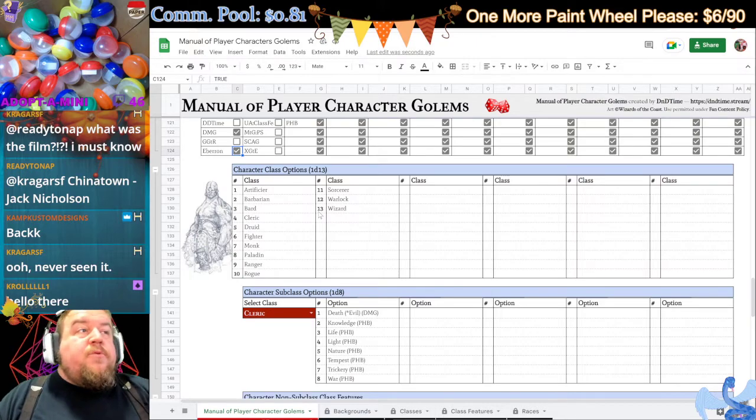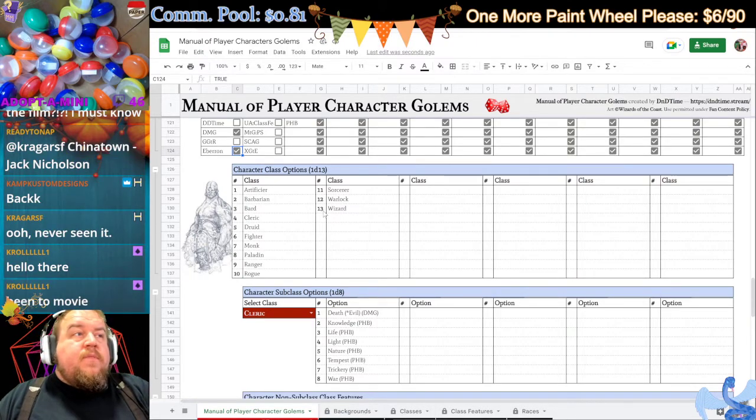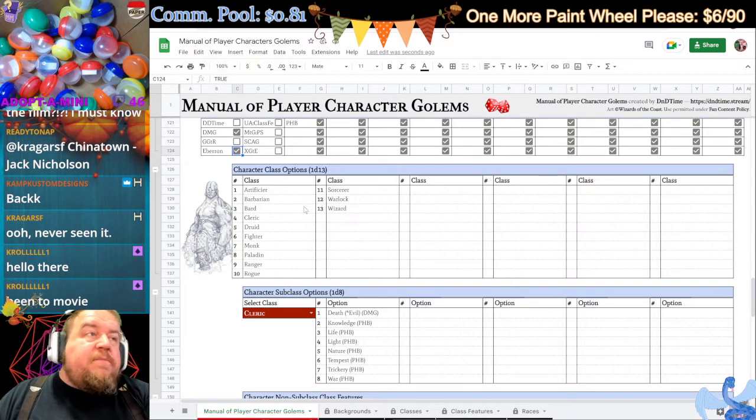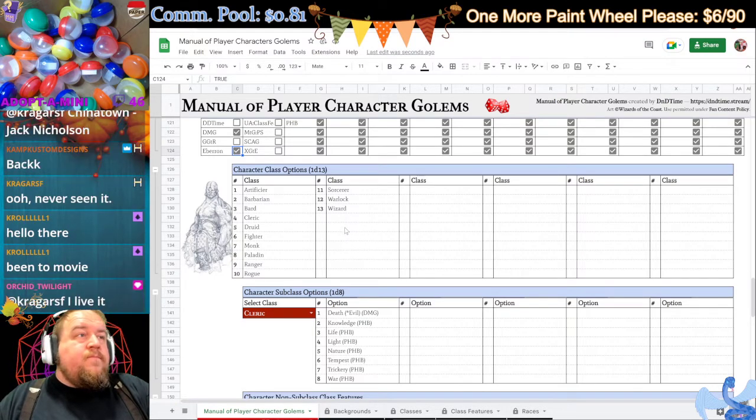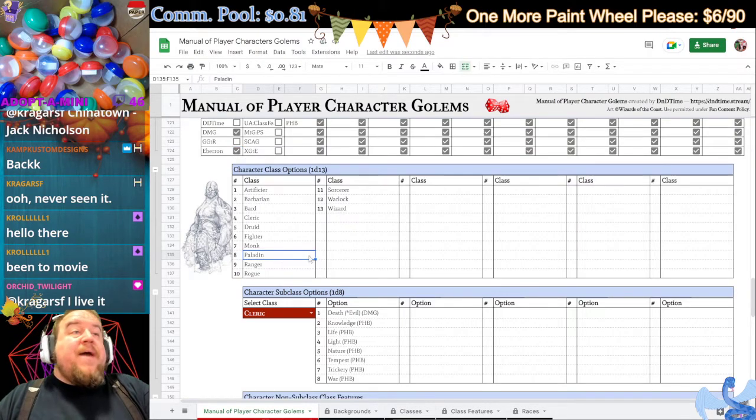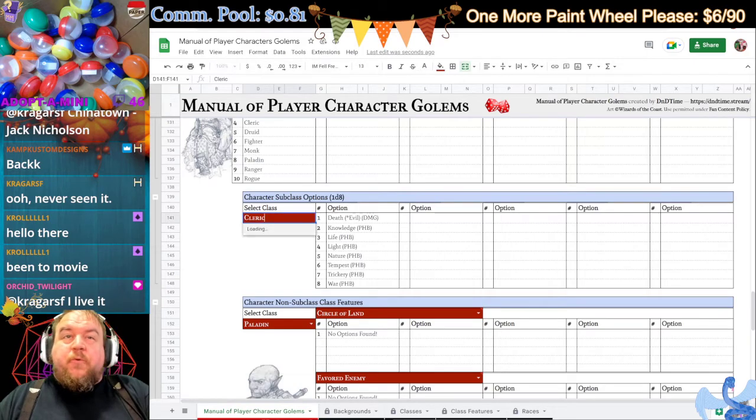Kroll, exclamation point 1D13, please. Exclamation point 1, letter D, number 13, no spaces. Lands on an 8. A paladin, even. Ooh.